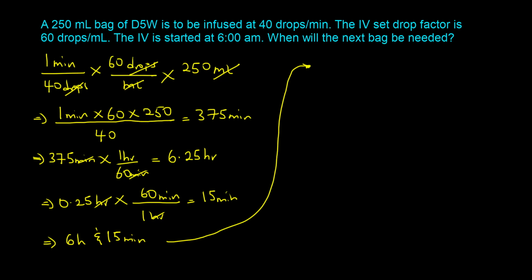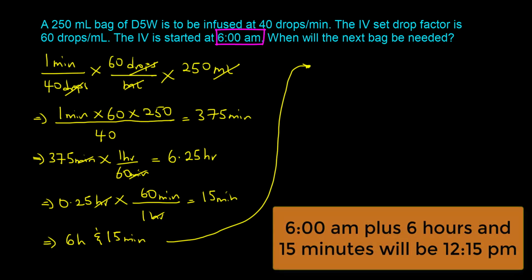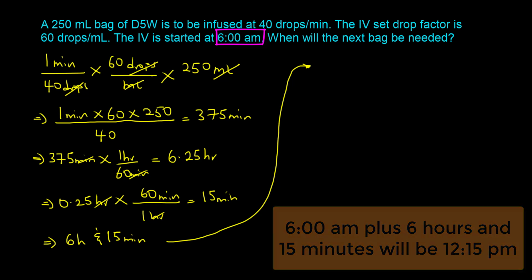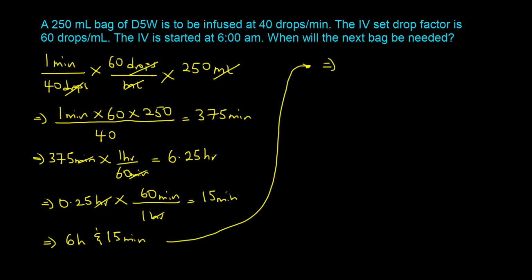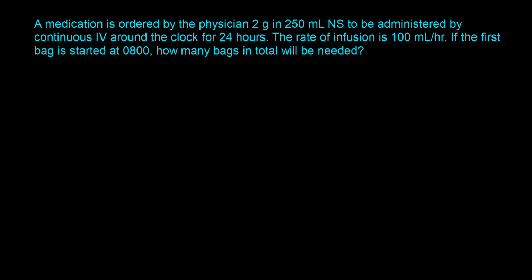So if you started the IV at 6 a.m., then 6 hours later will be 12 noon, and 15 minutes later will be 12:15. So that would imply that the next bag will be needed at 12:15 p.m.